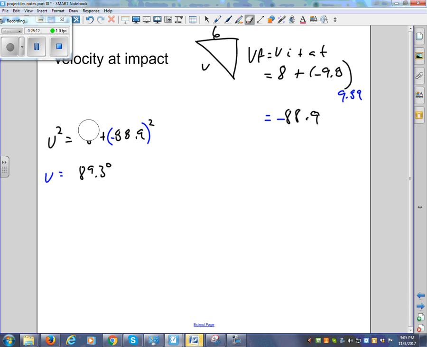It should be 6, although it's not going to make a whole lot of difference, is it? It's this number here. So that's VH and VV. It's not going to make a whole lot of difference because that's so much smaller than 88.9. So 89.1 meters per second.